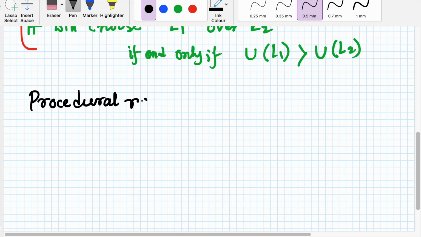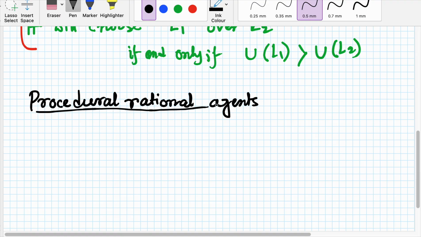Procedurally rational. In this case, how will the procedurally rational agent evaluate the lottery?